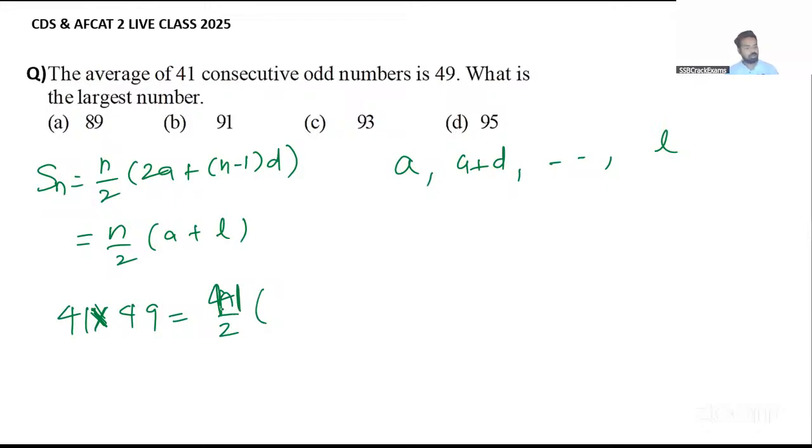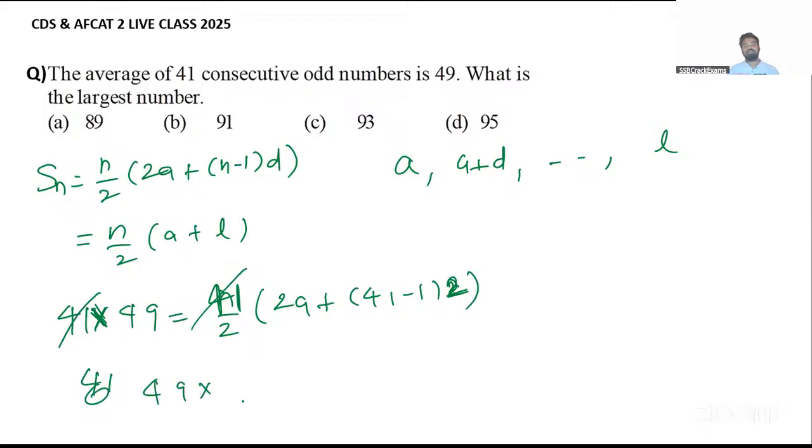So what we can do is 2a plus n minus 1, that is 40 into d. d will be 2. The difference between two odd numbers is 2. So here you can do 41, it will cancel out, and it will be 49 into 2 is equal to 2a plus 80.